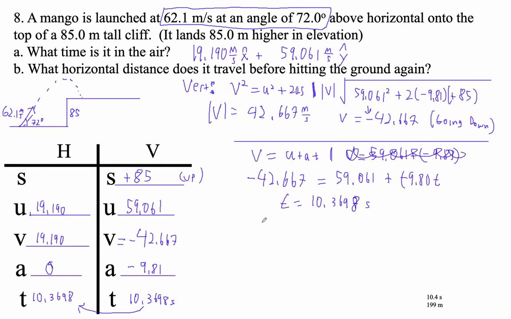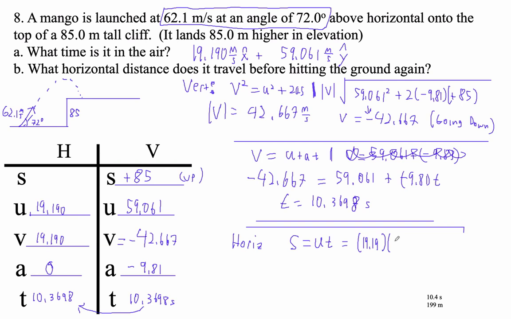And then in the horizontal direction, we could find s, right? s is ut, and that's going to be 19.19 times 10.3698.